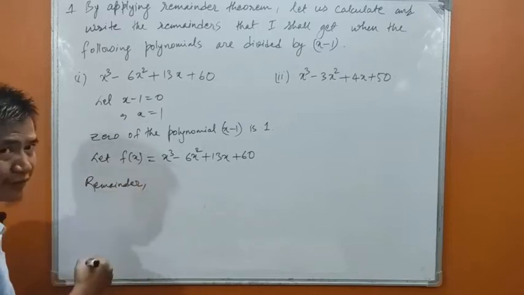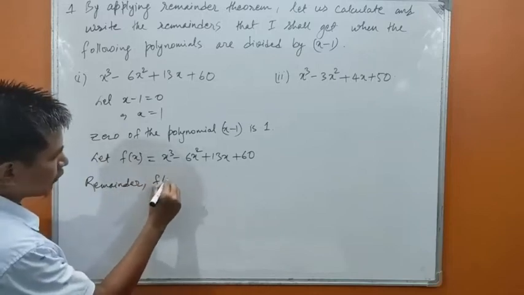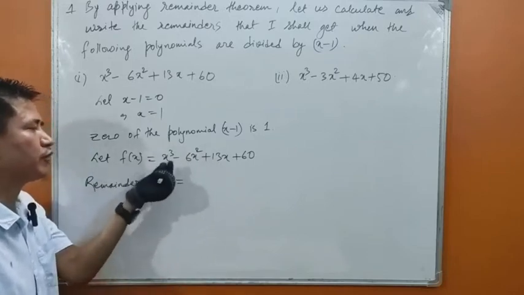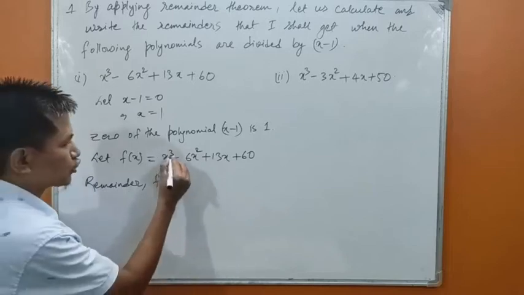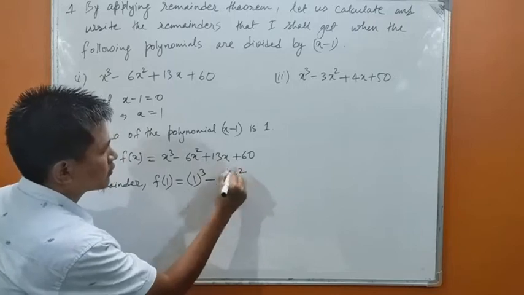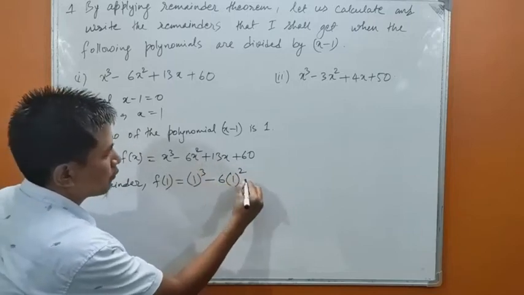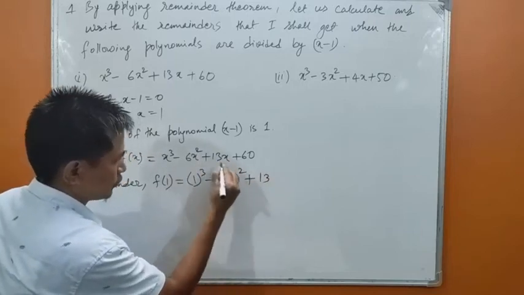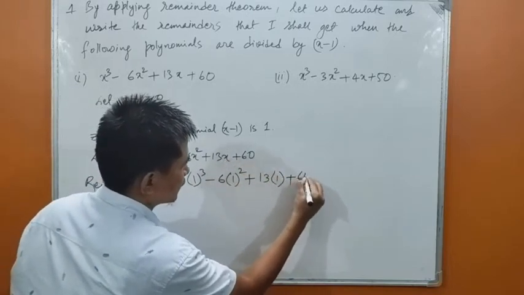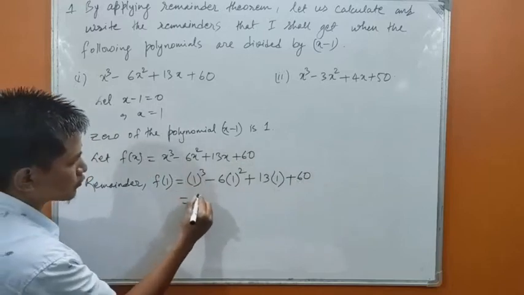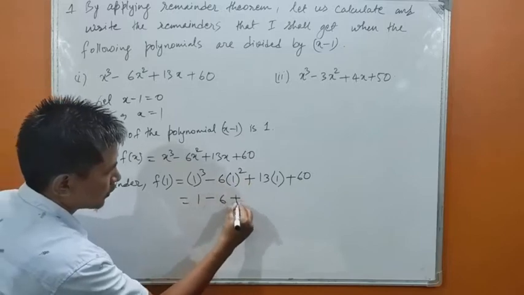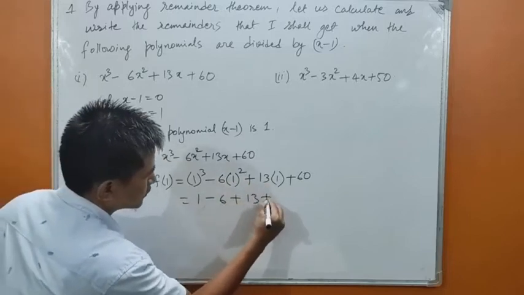This is very simple, isn't it? Remainder will be f(1). F(1) equals, instead of x we write 1. X cube means 1 cube minus 6 times 1 square plus 13 times 1 plus 60. So 1 cube is 1 minus 1 squared is 1, 1 6 are 6 plus 13 ones are 13 plus 60.